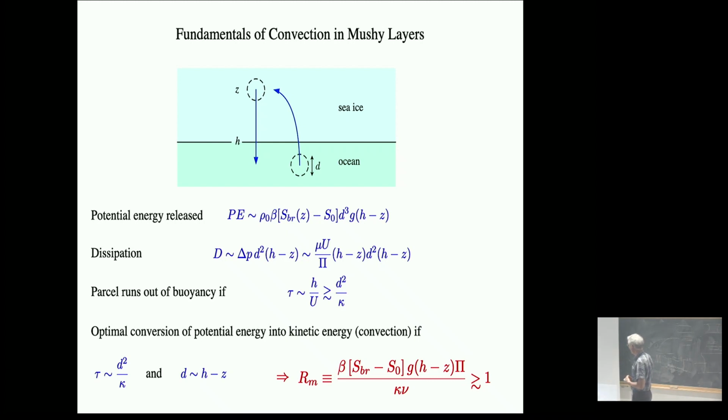optimal conversion if something called the Rayleigh number exceeds some value, some order 1 value, which we'll compute just now. And many of you will have studied Rayleigh-Bénard convection, for example, and have come across the Rayleigh number.